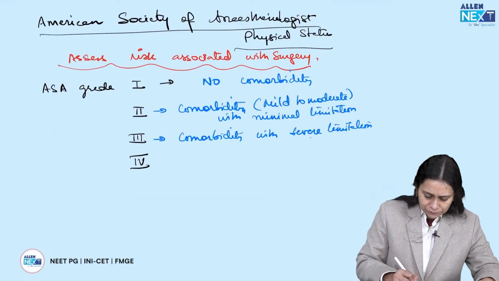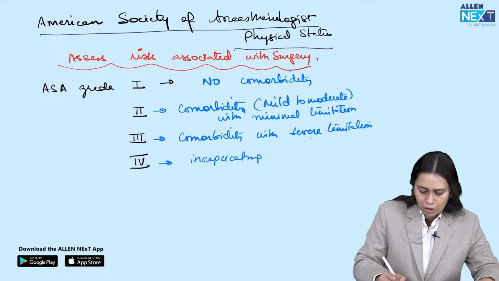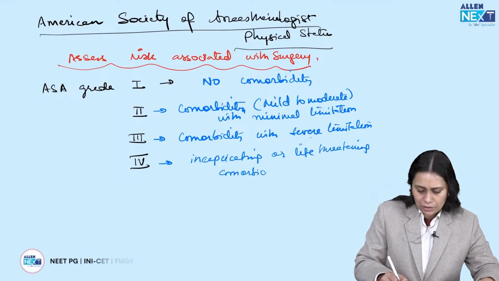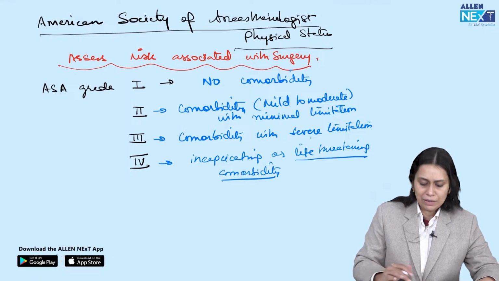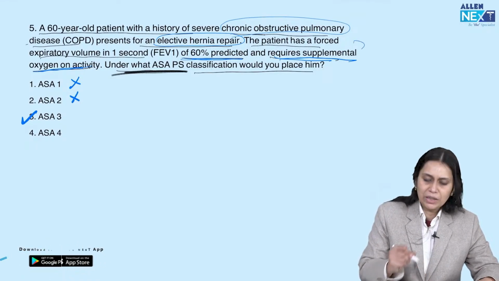ASA grade 4, incapacitating, or we call it life-threatening comorbidity. So it's a constant threat on his life. This is ASA grade 4. So here it is not a constant threat on his life.